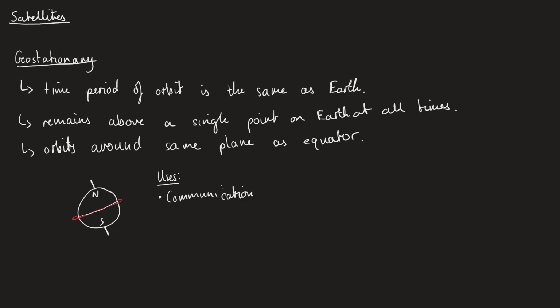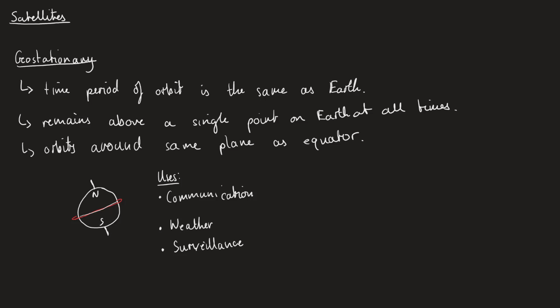And so communication is one use for all 3 of these types of satellites. We can also look at the weather. So we can do weather monitoring and also surveillance, just by setting these satellites up to observe the surface of the Earth.